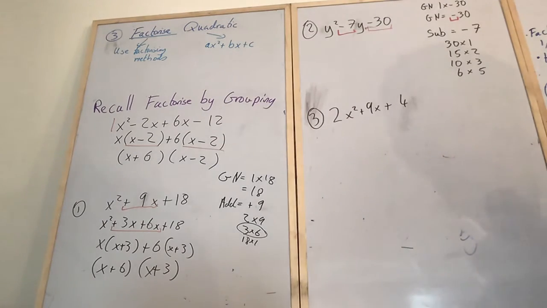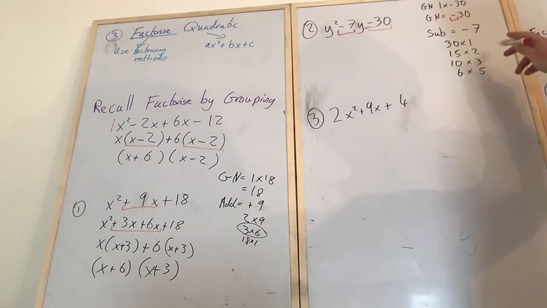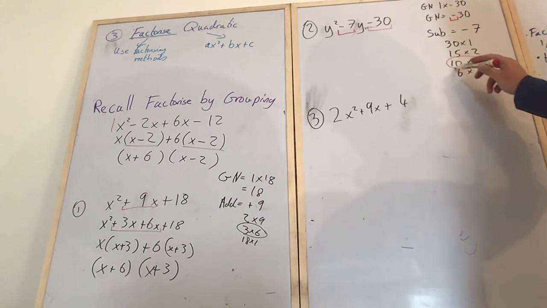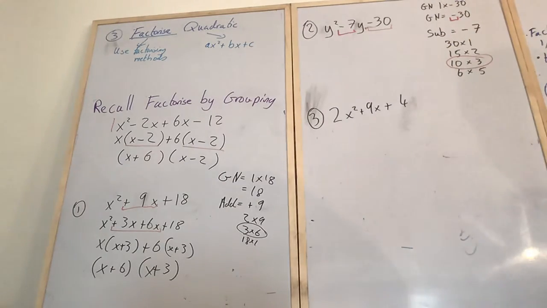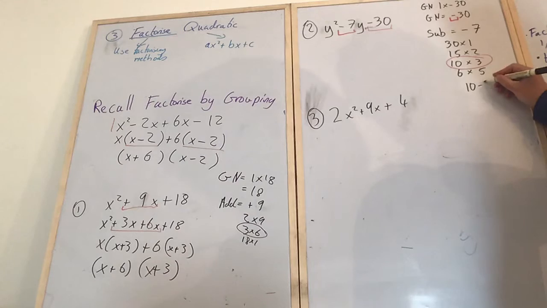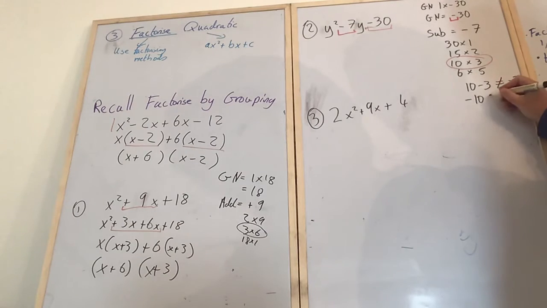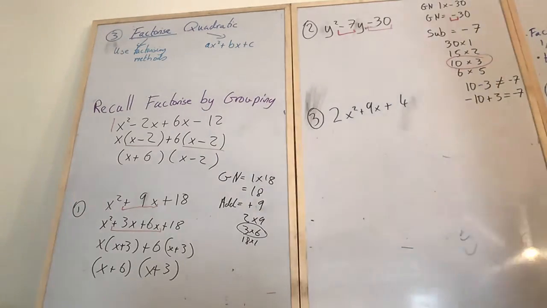So we have 30 and 1, that's 29, 15 and 2, that's 13, 10 and 3. With 10 and 3, it will not be 10 minus 3, because that does not give minus 7. What does give minus 7 is minus 10 plus 3. So you have to be careful. Minus 10 plus 3 is minus 7.